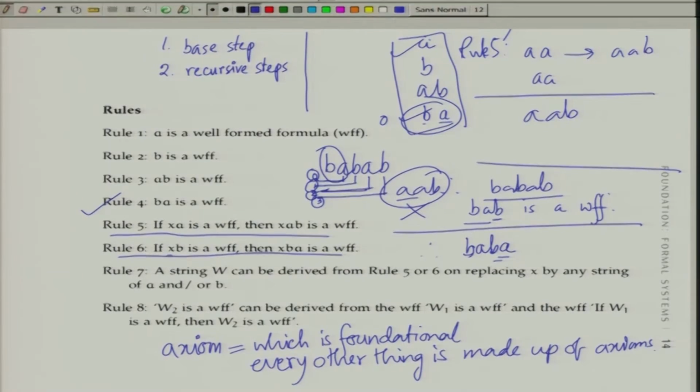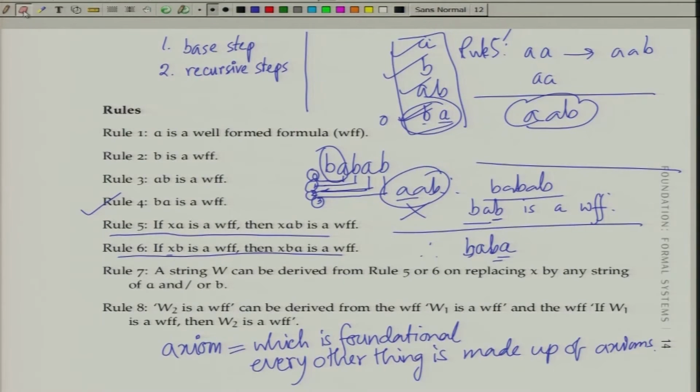Look at the list of my given things: I have A, B, AB, BA. I don't have AA in the list. So there is no way I could derive AAB. Look at how powerful this very small algorithm is.